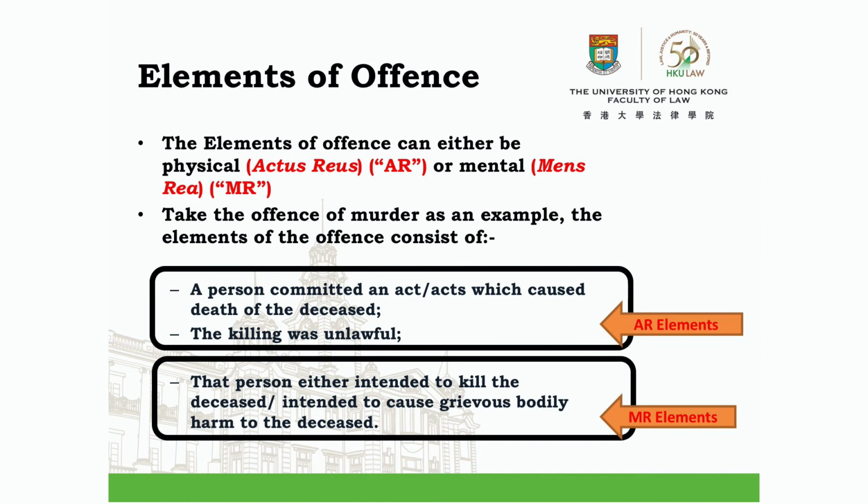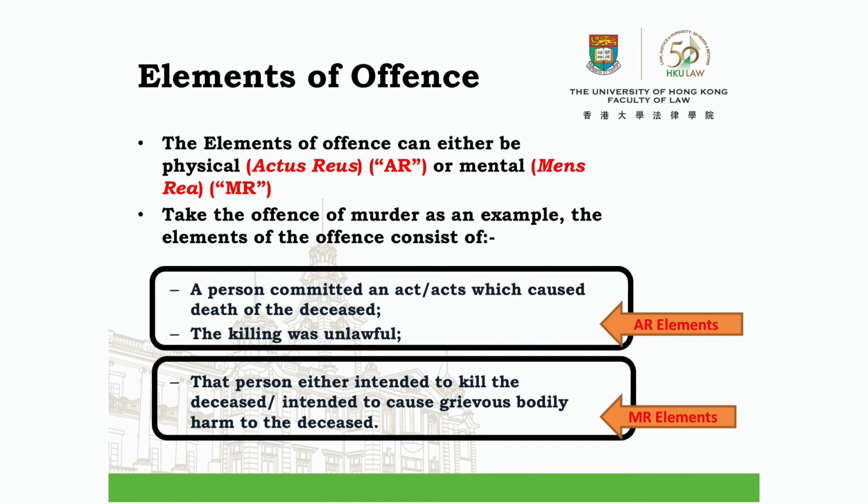Right. So let's have a look at the first box. Now, these are the physical elements of murder. Right. As you see, if you want to prove that someone has committed murder, then there are some physical elements to be proved. So you have to show that a person committed an act or a series of acts which caused the death of the deceased, and then that particular killing was unlawful. So these would be the examples of the actus reus elements of murder.